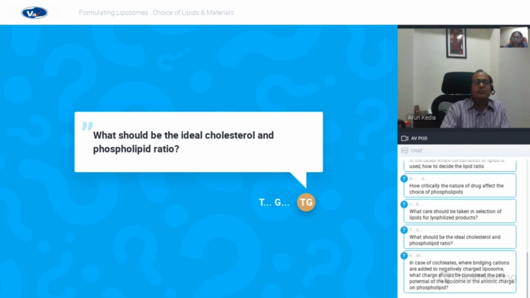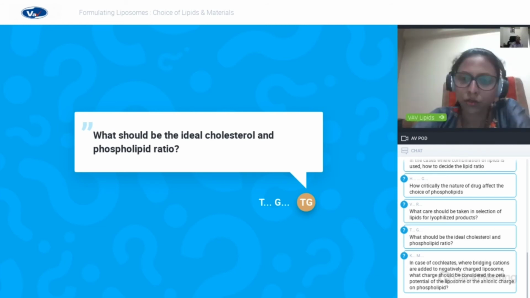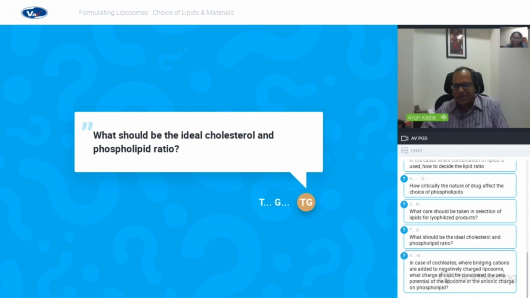So, is there any ideal ratio for cholesterol and phospholipid in a particular liposomal formulation? Yeah, it's almost like asking what should be the ideal wife. So the ideal answer to that question is: it depends. There is no ideal ratio.